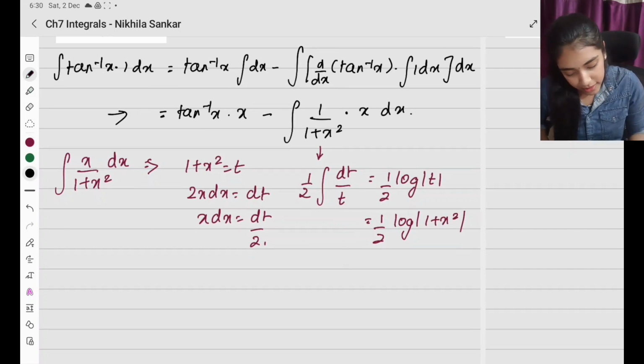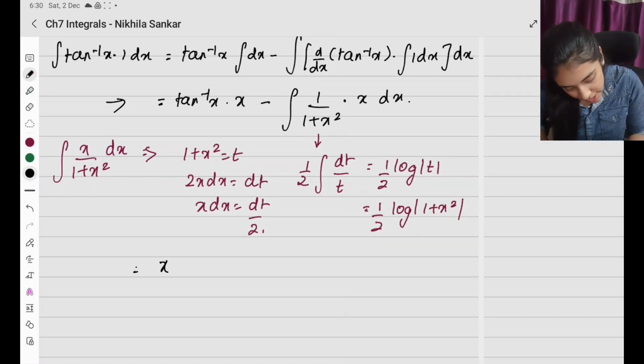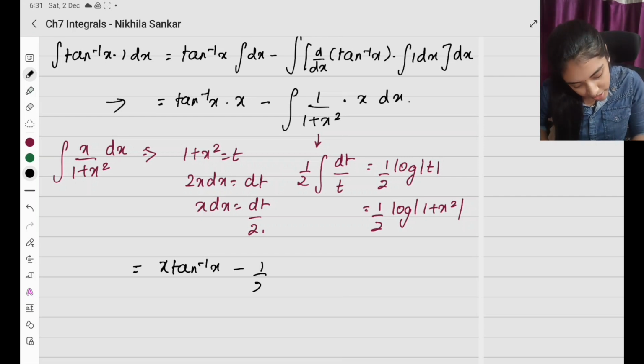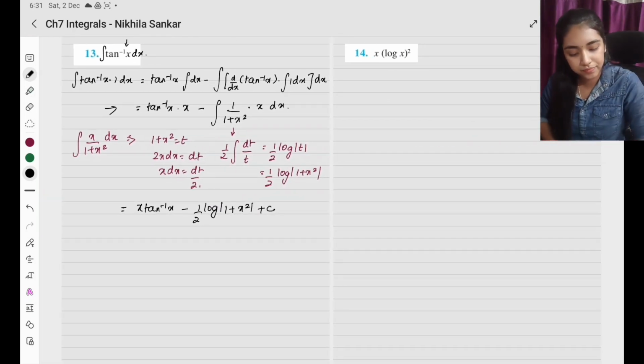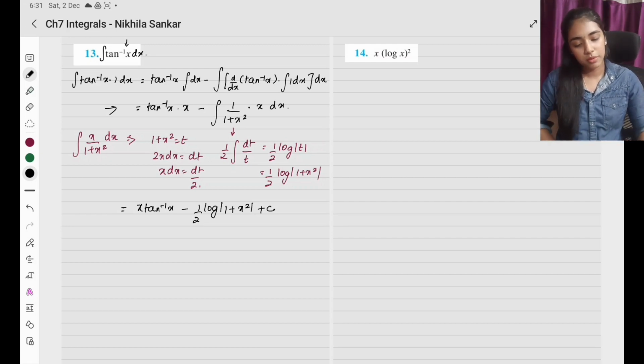So in the end, my answer is going to be x tan inverse of x minus half log mod 1 plus x square plus c. Okay, please copy.